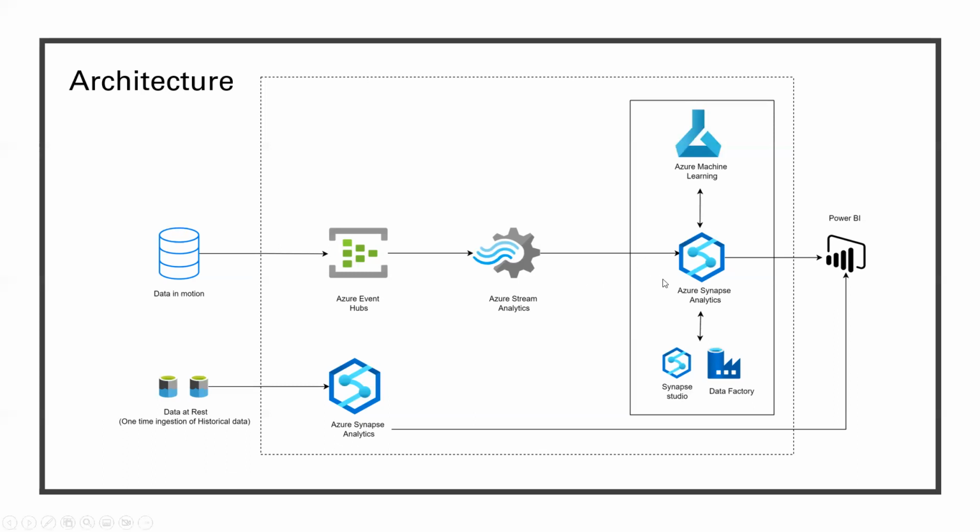Once we have data available in Synapse Analytics, we store the prediction results received from machine learning, and these results can be consumed directly in the Power BI dashboard. In Power BI, we have a connector available, so you can connect to Azure Synapse and collect all the data.